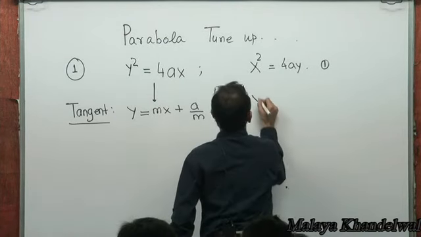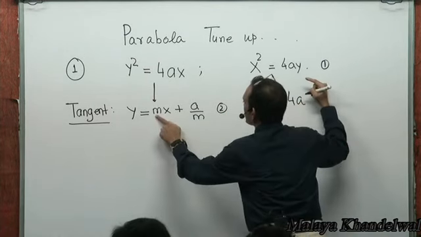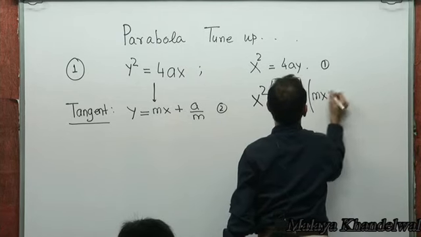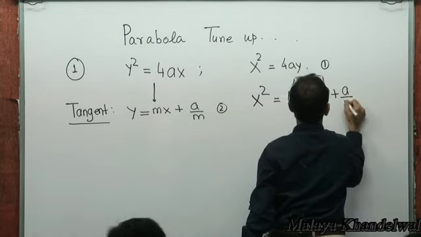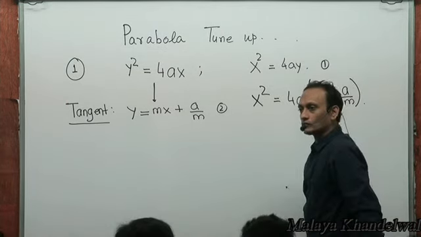So now what I do is solve 1 and 2, x squared equal to 4a, y I can write as mx plus a by m. Clear?